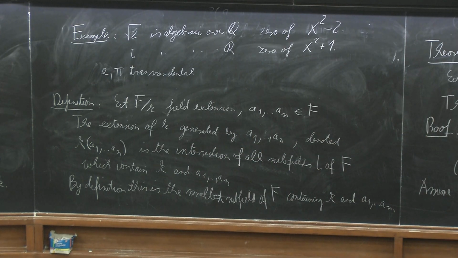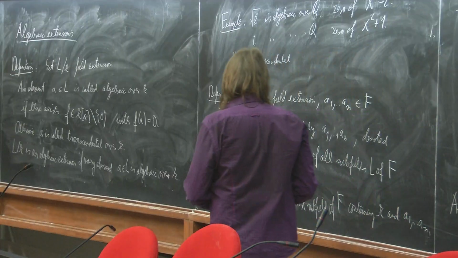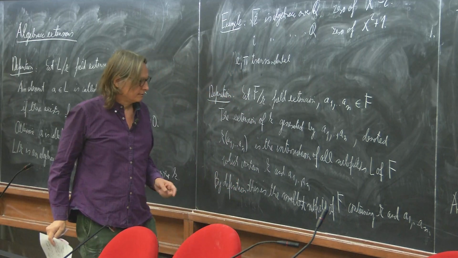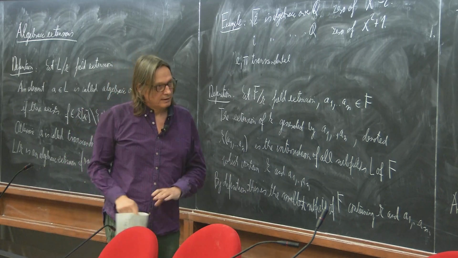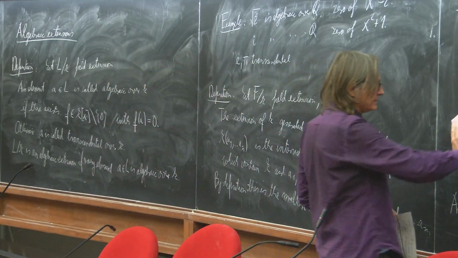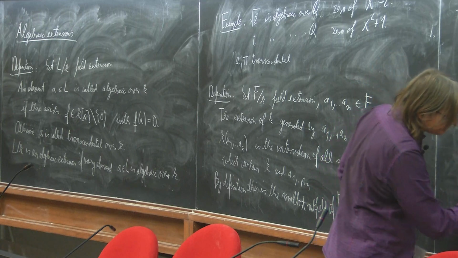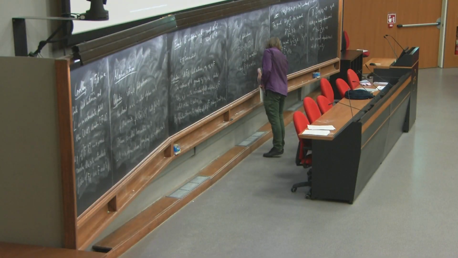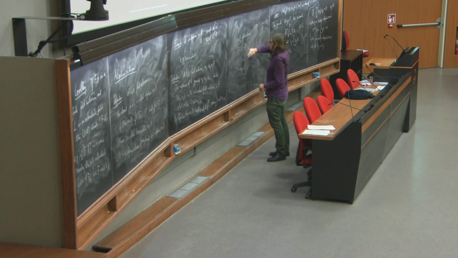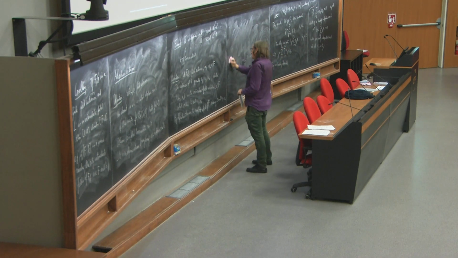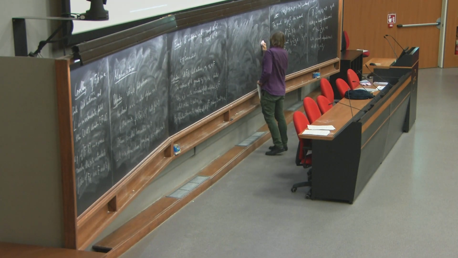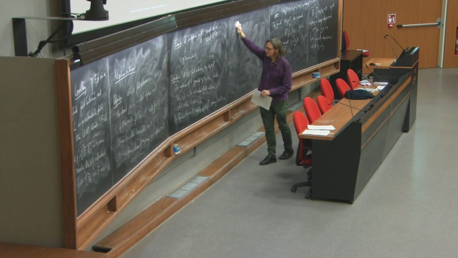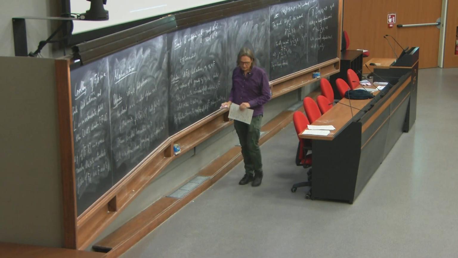So what will be particularly interesting for us is the simplest case of this, namely that we only add one algebraic element. This will be called a simple algebraic extension. The reason why it is particularly interesting for us is that, first, you will see that these field extensions can be described very well and very explicitly, and one can understand them very well.